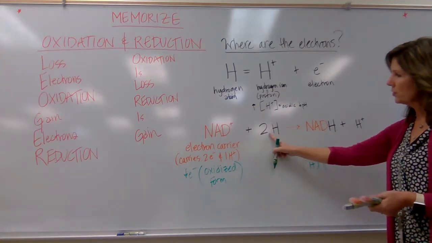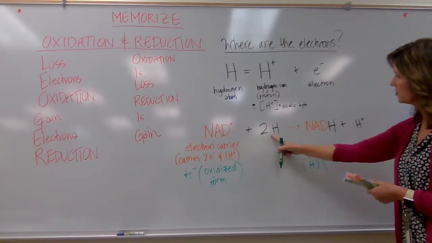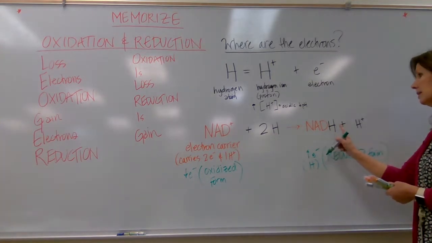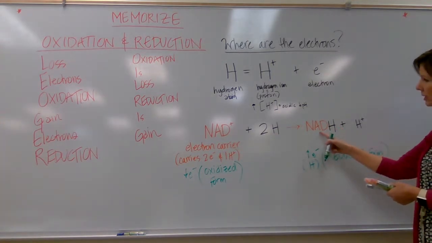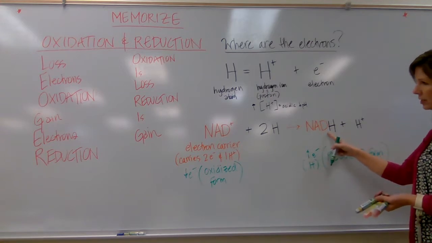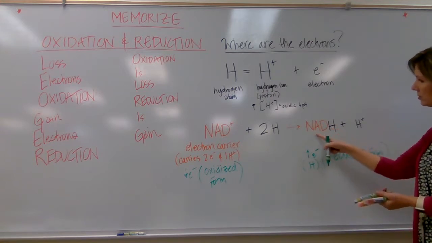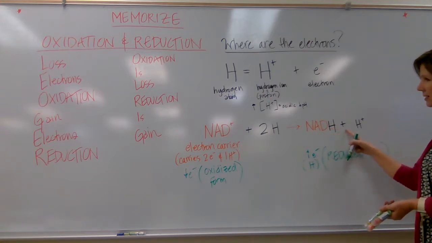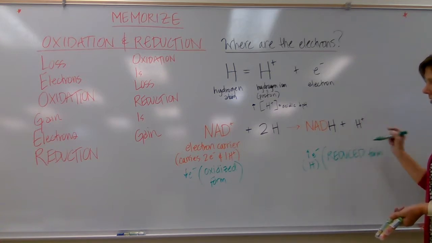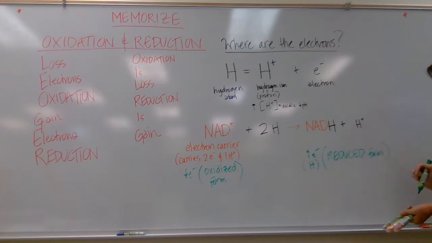However, those are harvested from glucose. Now these can be carried on that electron carrier, NAD. NAD will carry 2 electrons and 1 proton to form NADH. And like I said, there will be 1 proton that stays in solution, but it is still going to be around this compound.